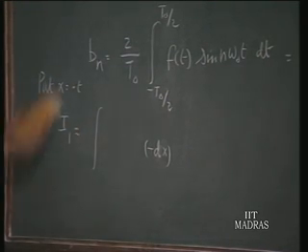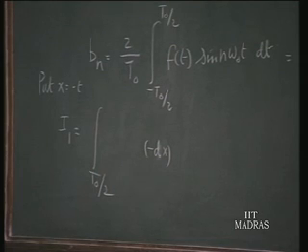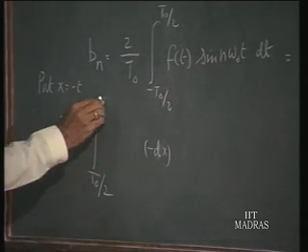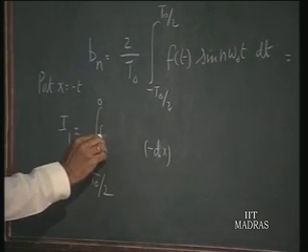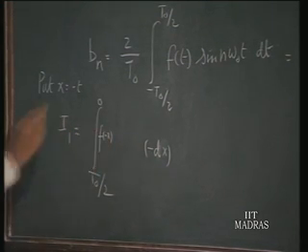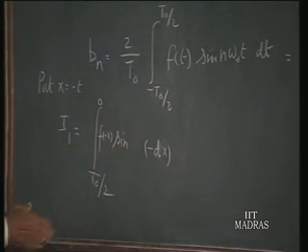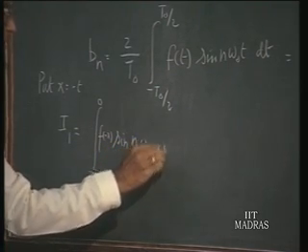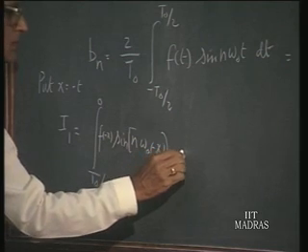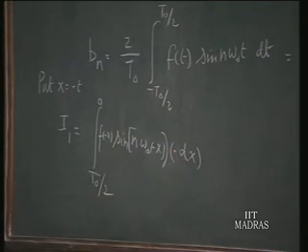So when t equals minus t naught upon 2, x will be t naught upon 2. And when t is 0, x of course will be 0. F of t will become f of minus x, and then you have sine n omega naught minus x, minus dx.